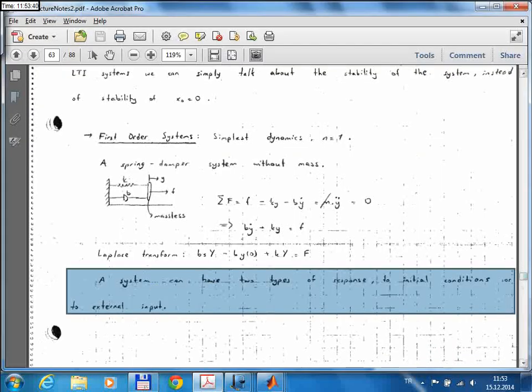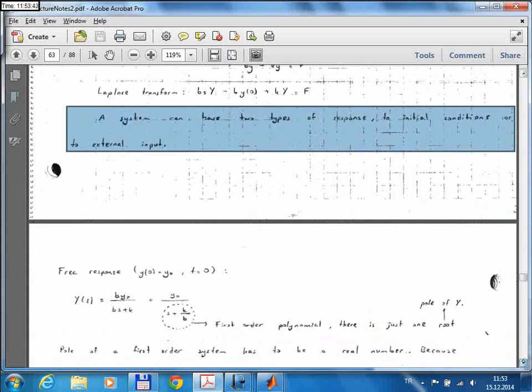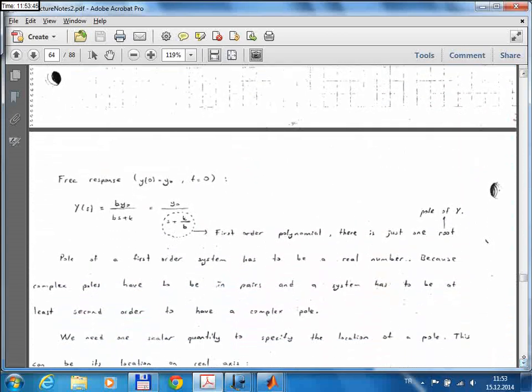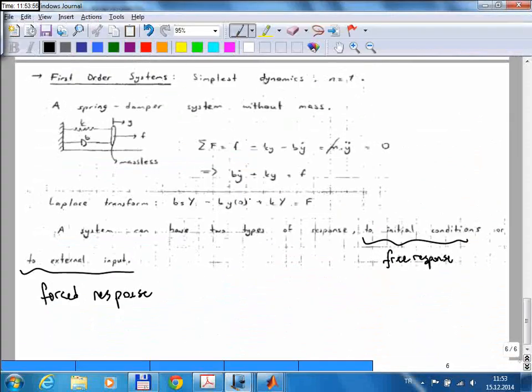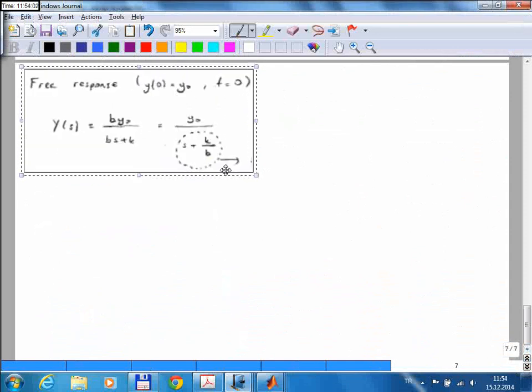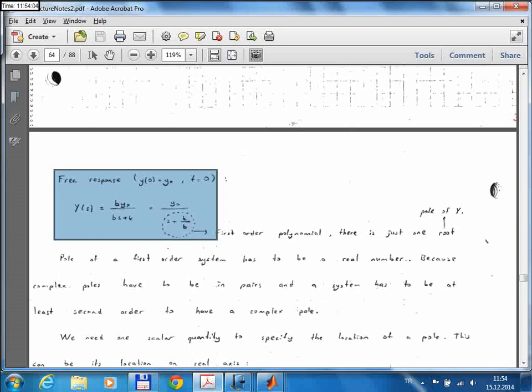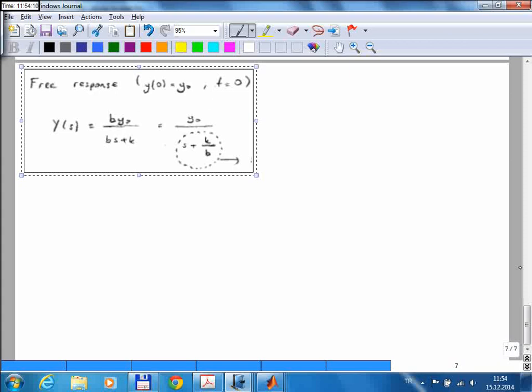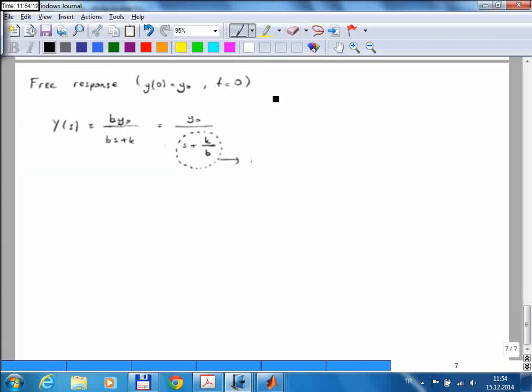Okay, so from here we take the Laplace transformation to find the transfer function, and the free response of the system happens to be given by this S function. Okay, so as we expected, we obtained an S-domain function, and this function has a first order denominator, which means there's just one pole.